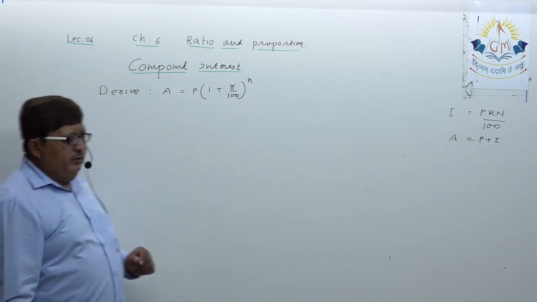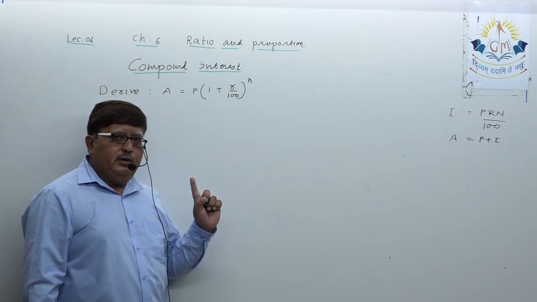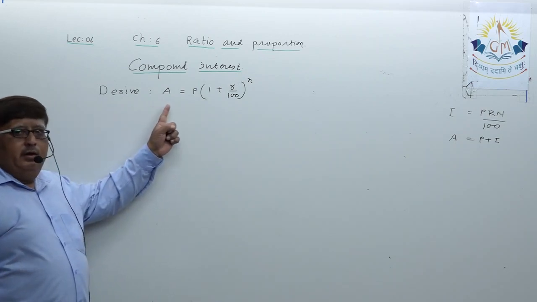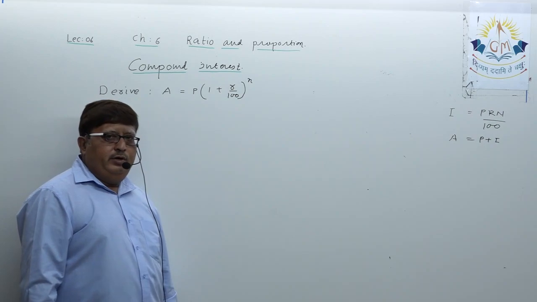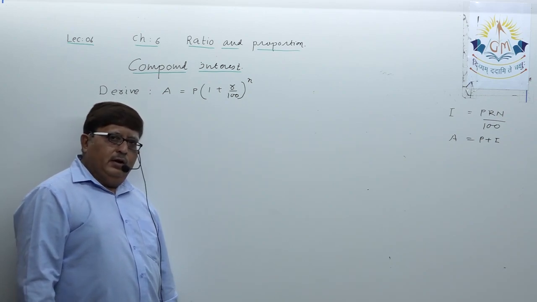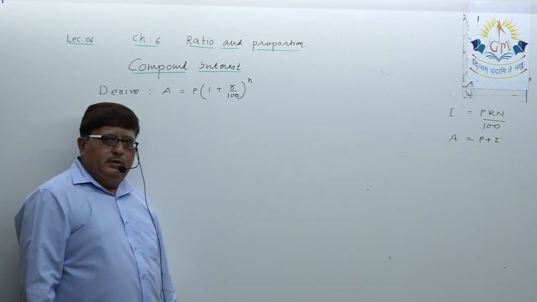Now, dear student, this is the formula of compounded amount: A equals P into bracket 1 plus R upon 100 raised to N. How is the formula actually derived?